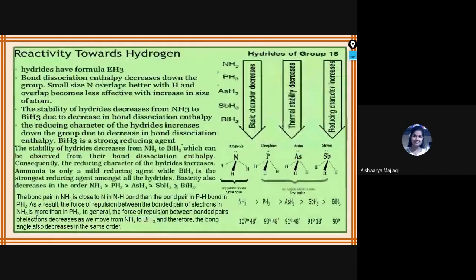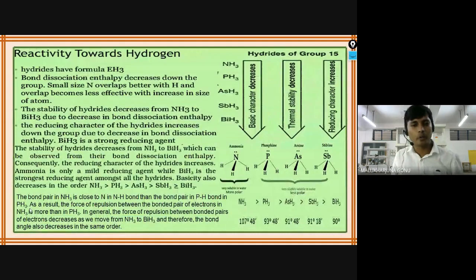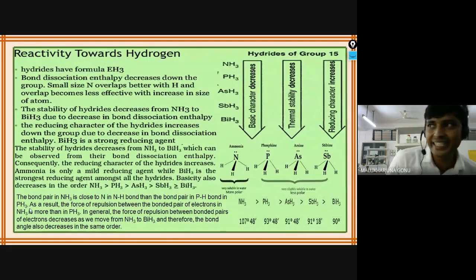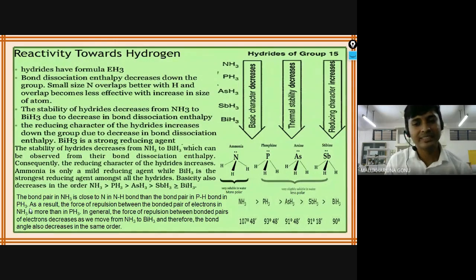Increase. Increases, that will be the opposite. We will study that in detail in 17th group elements. Their acidic character can be asked, but here basic character can be asked because NH3 is a good base. In the case of hydrides of the 17th group elements like chlorine, bromine, iodine, HI, HBr, HCl, HI is the most acidic. So these are the reasons.